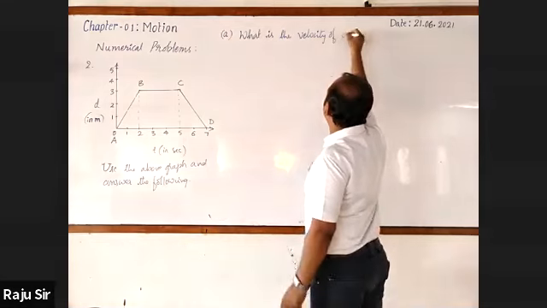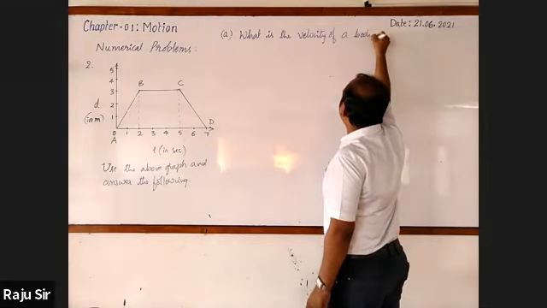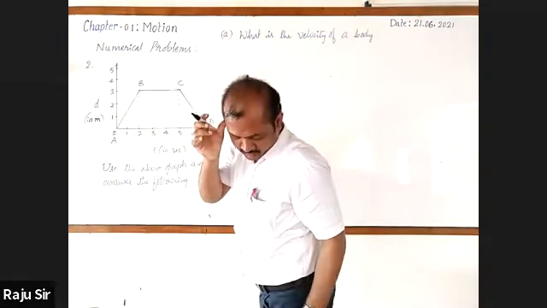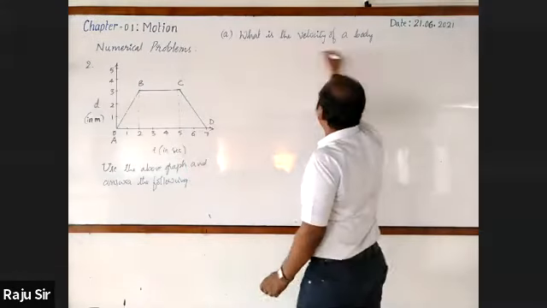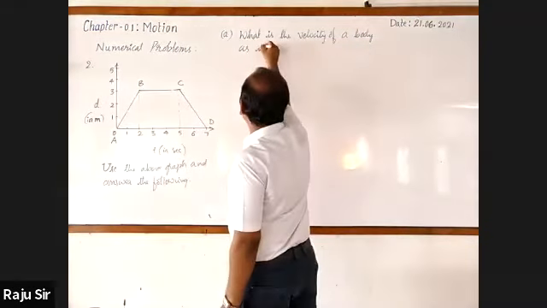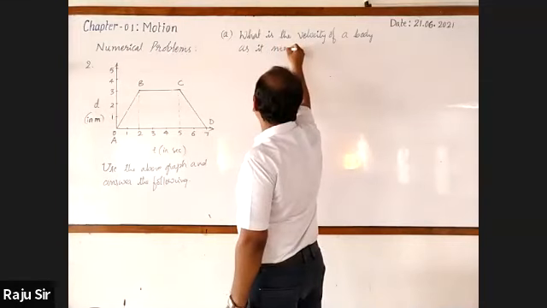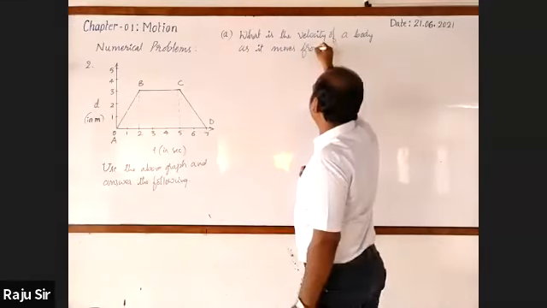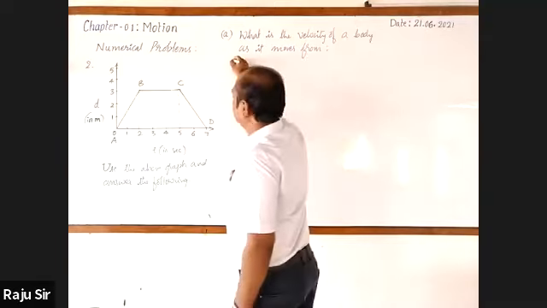What is the velocity of a body as it moves from A to B, that first one?